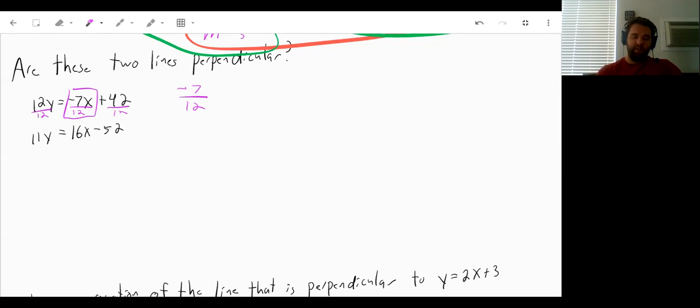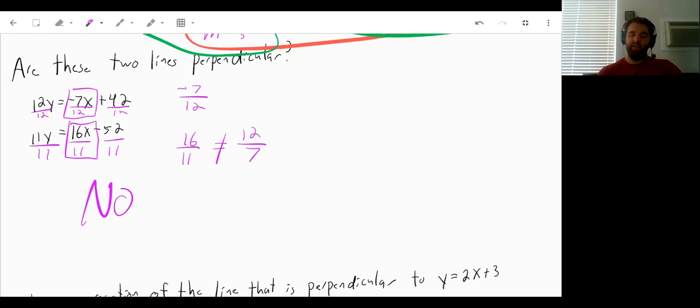The next equation, we'd have to divide everything by 11. But again, it's all about the slope. So that slope comes out to be 16/11, which also can't be reduced any further. If these were perpendicular, they would have negative reciprocal slopes, but the negative reciprocal of -7/12 is a positive 12/7, which does not equal 16/11. So no, they are not perpendicular.